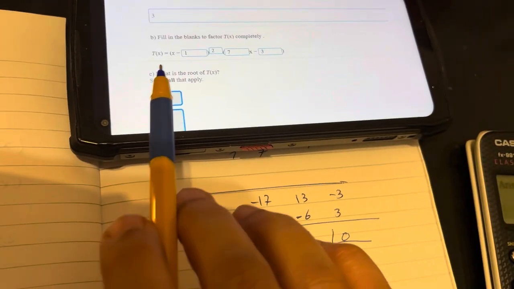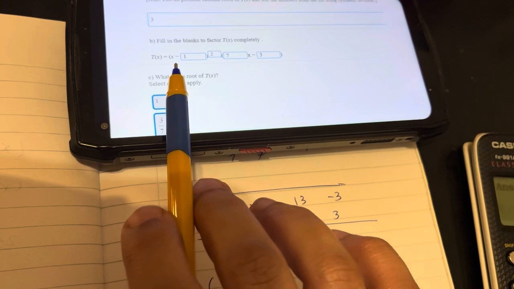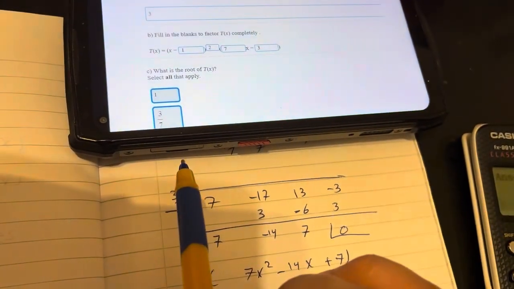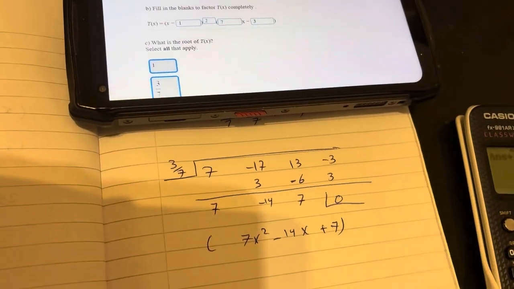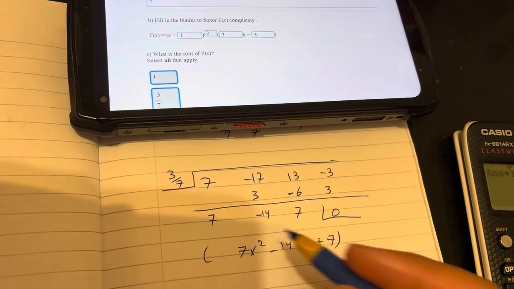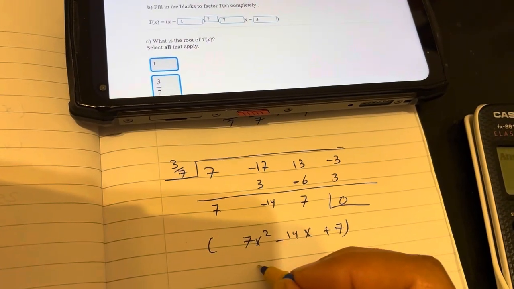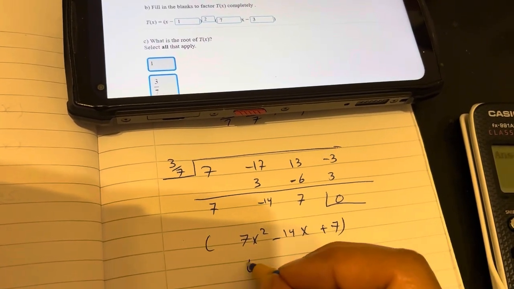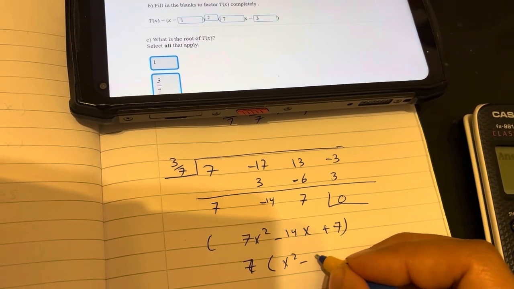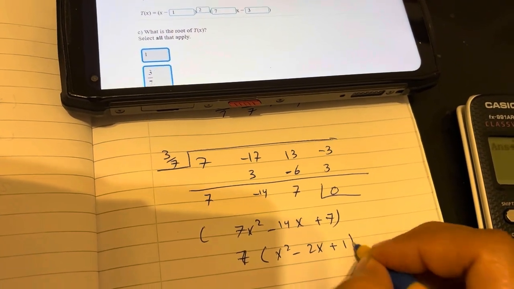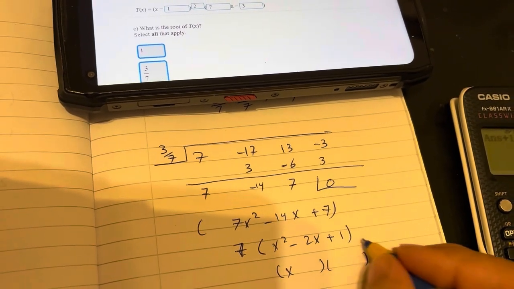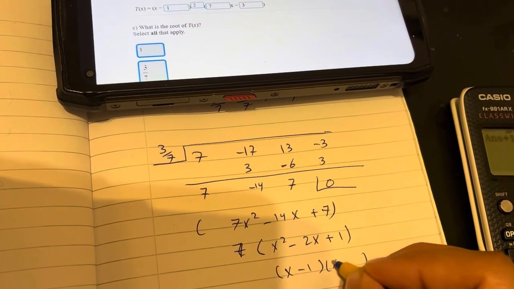So here he put it something times something, so that means he already factorized it. To factorize completely, this one I can factorize again. I can take 7 outside. X squared minus 2x plus 1, which is x minus 1 and x minus 1.